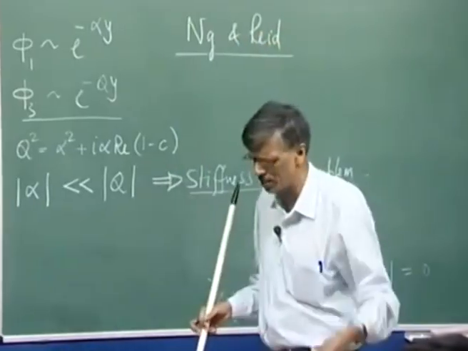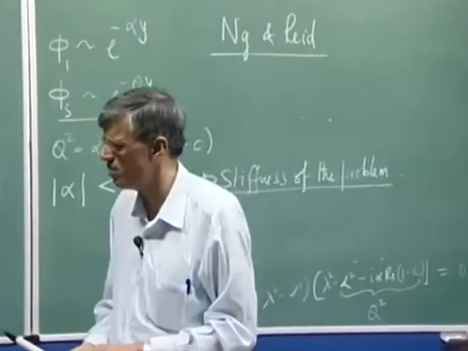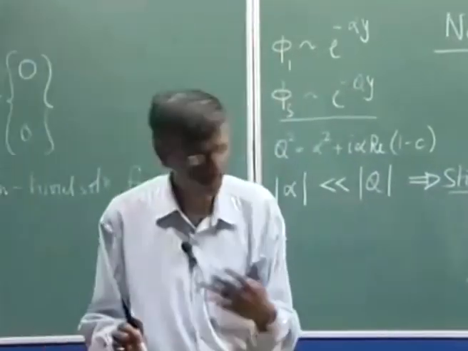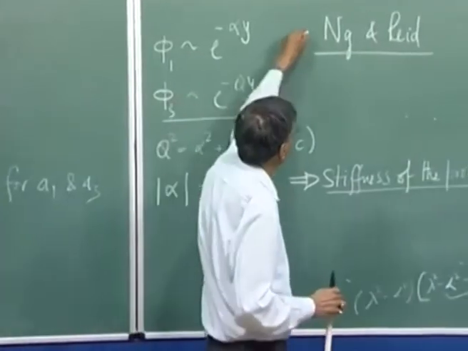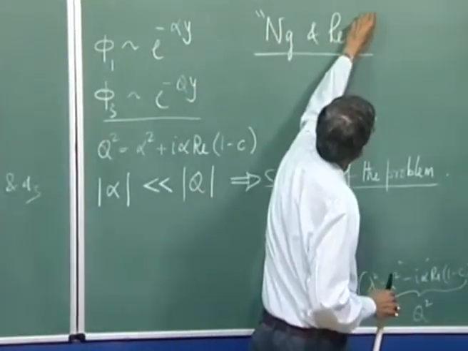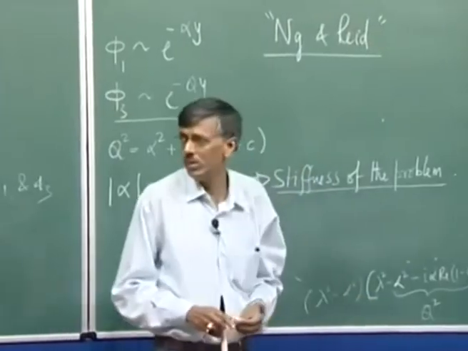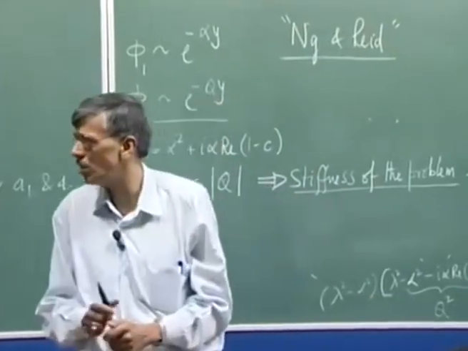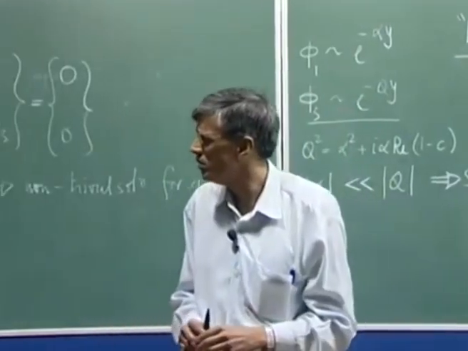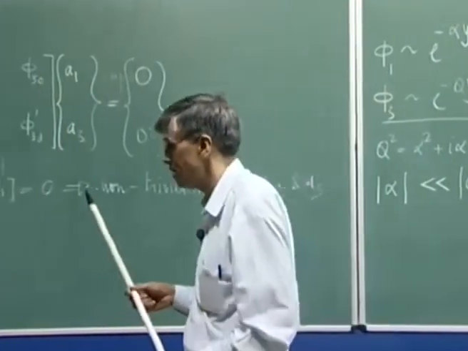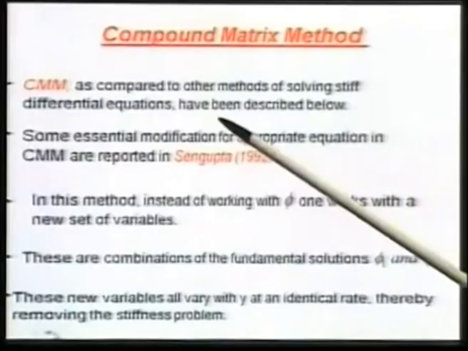Also, there are other mathematicians like Professor Davies in UK. They have worked on it, but Ang and Reid wrote some very definitive nice paper available in the Journal of Computational Physics. You can take a look at it. This compound matrix method was developed basically to solve stiff differential equation.